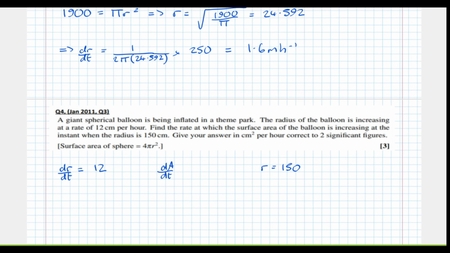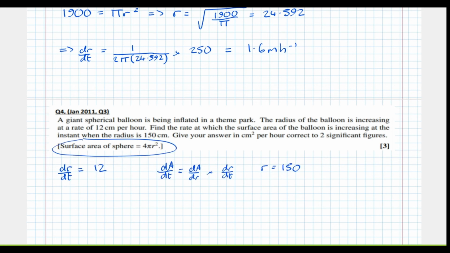So dA by dt is equal to any differential with dA on the top, dt on the bottom, with the gap filled with a third variable that's mentioned in the question. So I can see we've got dr by dt, but we haven't got dA by dr, and luckily it gives us in the question the surface area of a sphere, so there's the formula we're going to use.